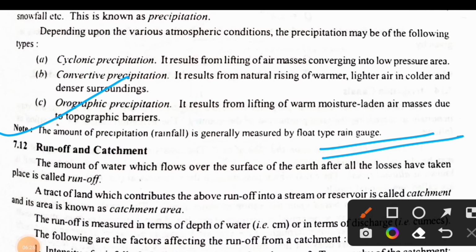Runoff and catchment. The amount of water which flows over the surface of the earth after all the losses have taken place is called runoff. Very, very important.